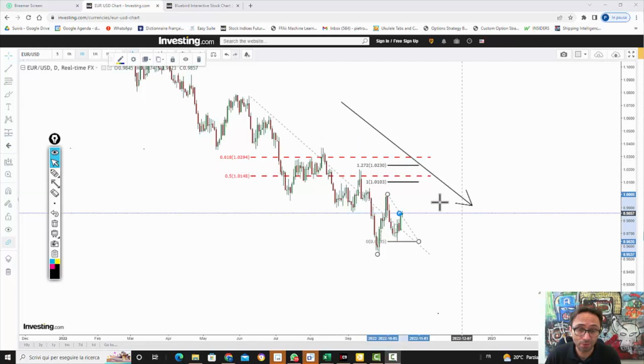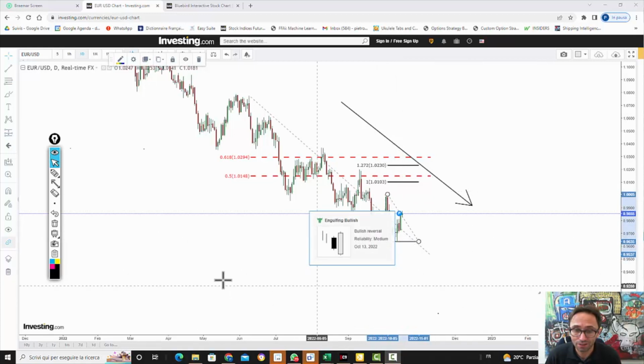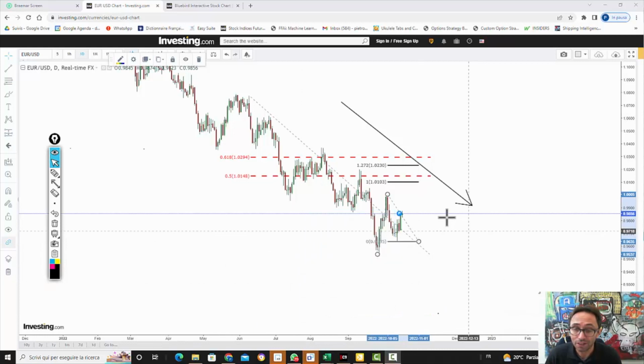We see in this example on the euro dollar, if this is going to turn into an ABC, actually they give you the pattern, amazing. If this turns out to be an ABC, I expect the price to reach again the sort of parity level, maybe a bit above that, and then we'll see what happens.